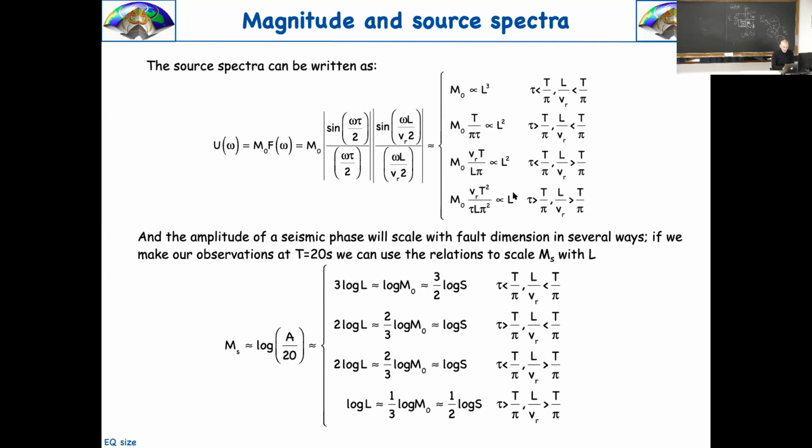But now the final step is the following. Since magnitude is the logarithm of the amplitude, so this one, and used as a reference 20 seconds, now we can have in mind 20, and express those 4 situations that we have here into 4 different quadrants, where we have logarithm of A, we have time, like there, and see what happens.